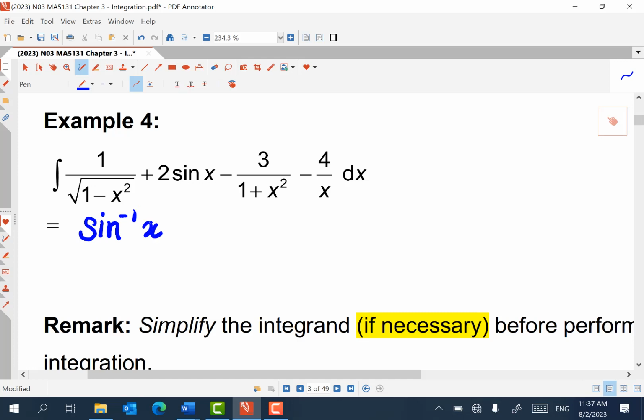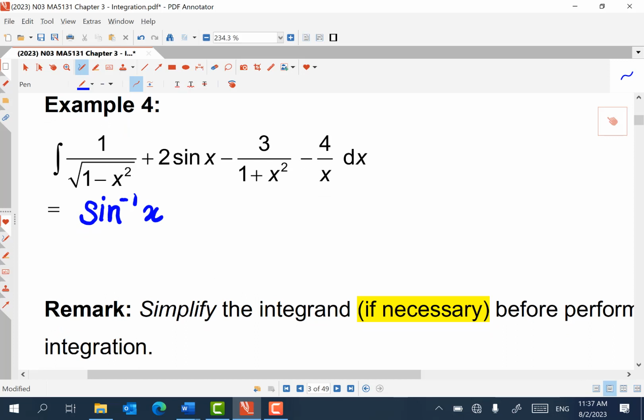Press on. Go on, E sharp. -2 cosine x. If I ask you, how do you know it's like that? E sharp, what would you say?